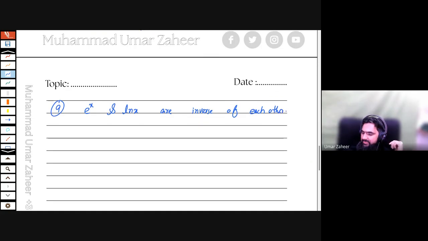For example, if you are taking the natural log of exponential raised to power, let's say 4x, the natural log and exponential cancel out, the answer is 4x. Or it can also be you have an exponential and in the power natural log of 4x. So natural log and exponential will be cancelled out, the answer is 4x. All right, so anyhow, the value is going to be cancelled out.